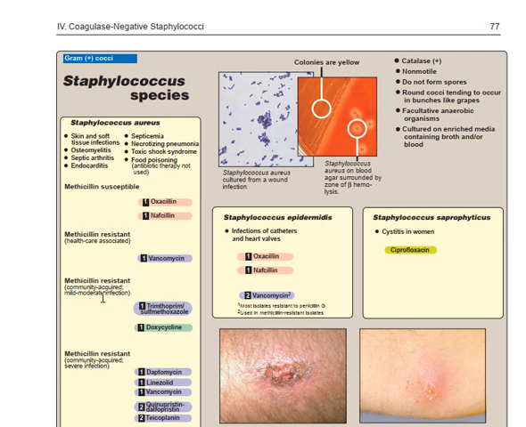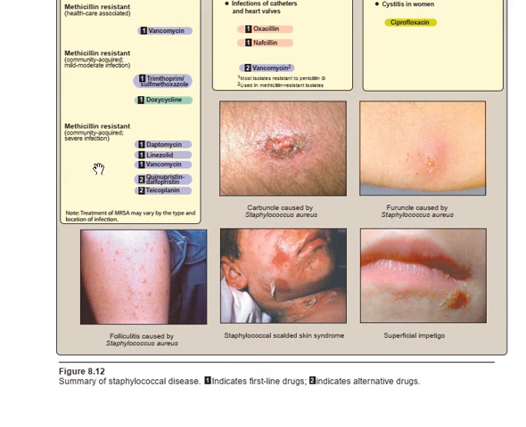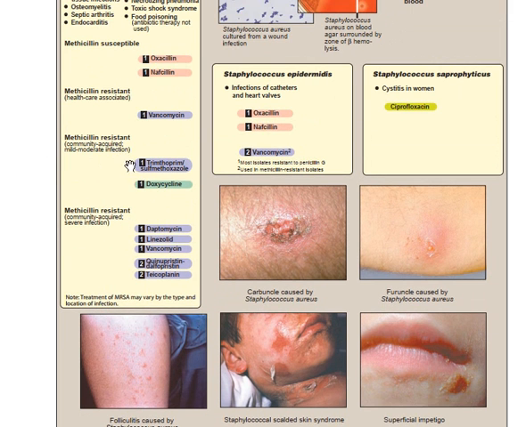Now for methicillin resistant, but in this case community acquired, with a mild to moderate infection, you give trimethoprim sulfamethoxazole, or you give doxycycline. Is it clear?